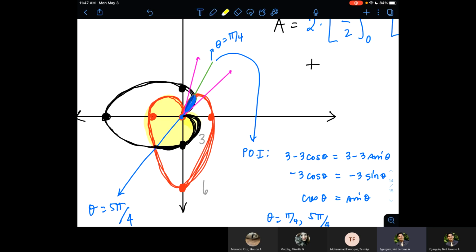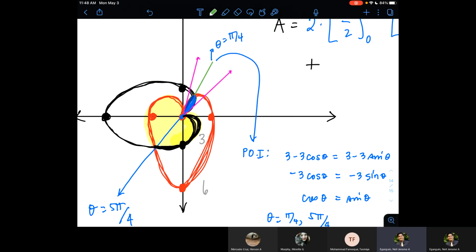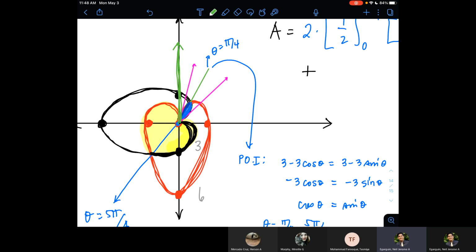A quick test will tell you that this is symmetric. But again, if you're not sure if the graphs are symmetric, then you have to set up the integrals separately. But here, I'm sure it's symmetric, so I can take advantage of the symmetry. Now, I'll be integrating supposedly from here. That's the first time when the red curve hits the pole.